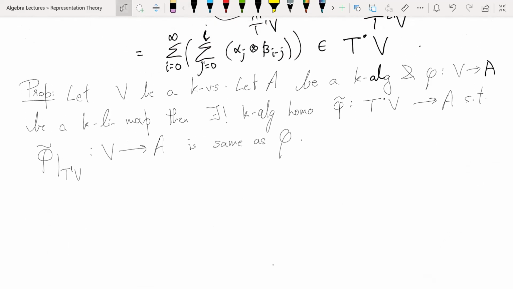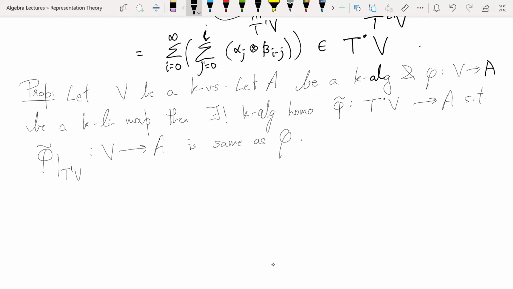Then there exists a unique K algebra homomorphism phi tilde from T dot V, the tensor algebra over V, to A, such that when you restrict phi tilde to T1V, which remember is the same as V, it gives a map from V to A. This should agree with the given K linear map phi from V to A.